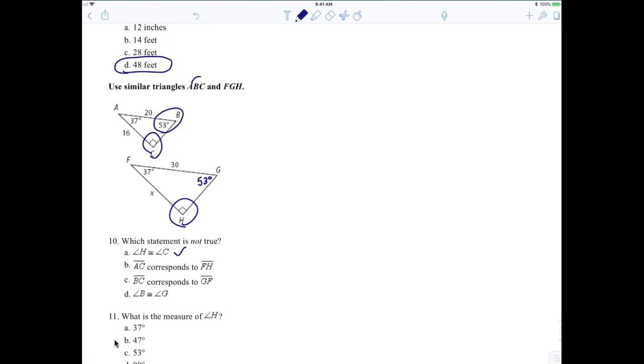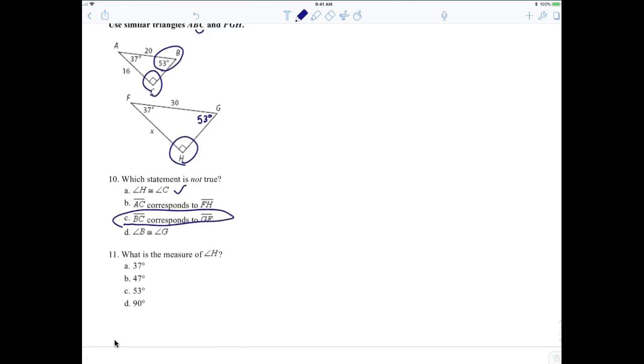Does AC correspond to FH? Yes. Very good. Does BC correspond to GF, true or false? False. That answer is C. Everybody good with that?